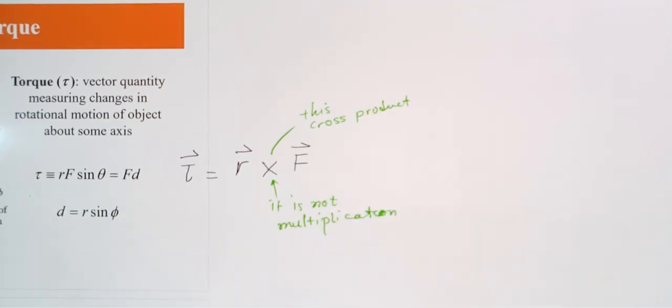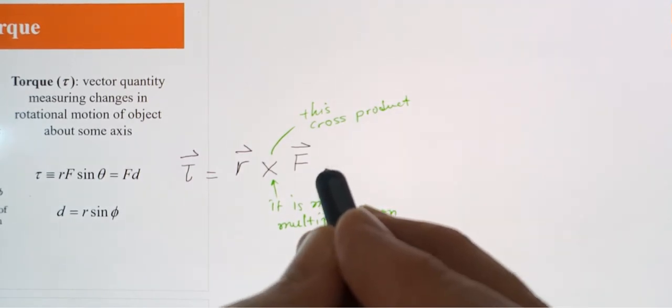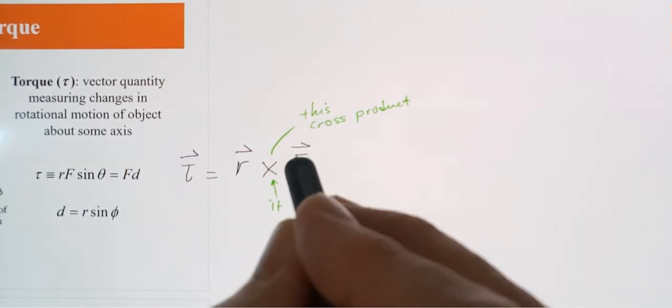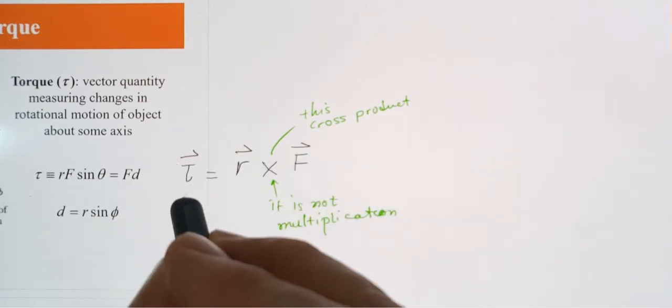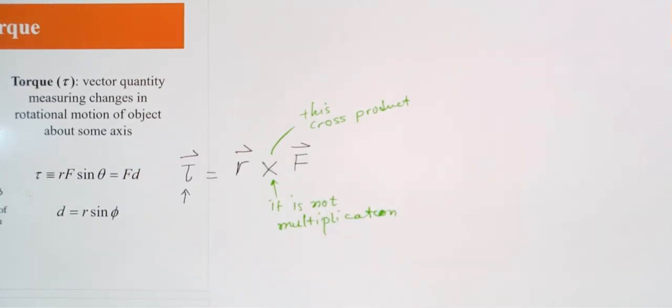Okay, this is as vectors. Then, torque must be perpendicular to both vectors. Torque is the cross product of R and F. Torque will be perpendicular to both vectors.